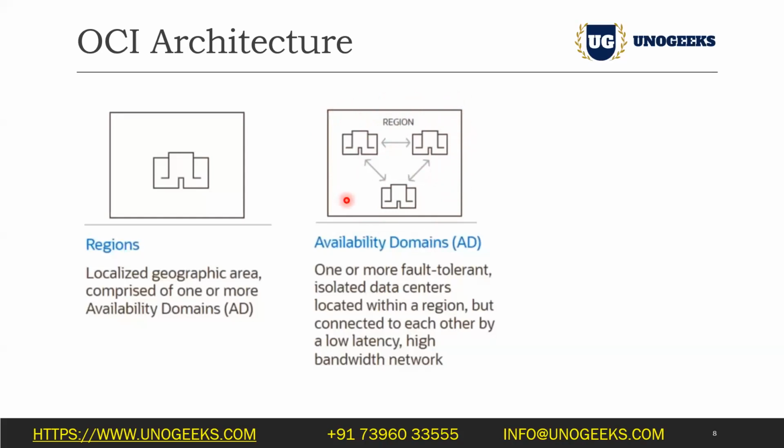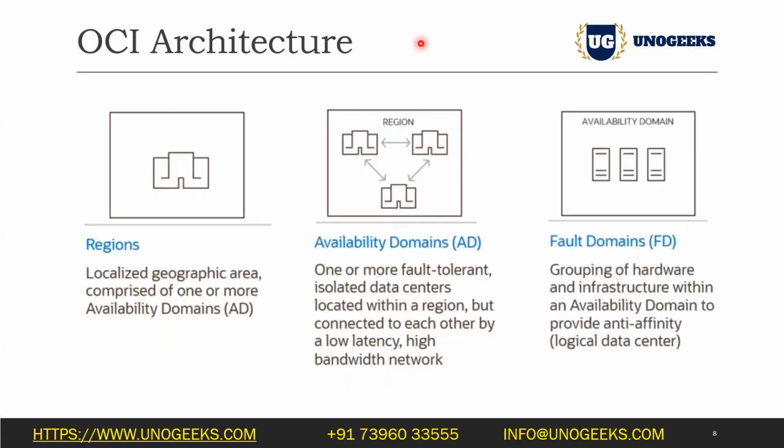Not all regions, like the 41 regions we saw, have 3 availability domains. To get started, to give customers the availability of the region, OCI started some of the regions with a single availability domain.